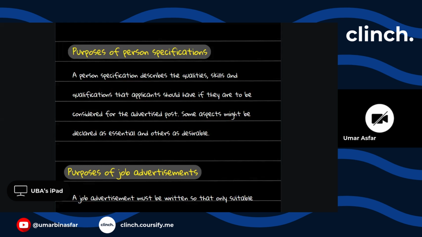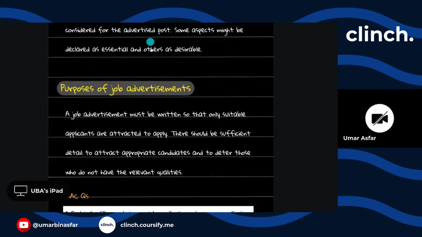We would expect them to have relevant accounting knowledge, and relevant knowledge about the IAS, the accounting standards, and things related to it. But the desirable qualities would be their punctuality, their dependability, their performance. So these are desirable qualities. But still, all of these qualities will be listed down and advertised in the person specification.